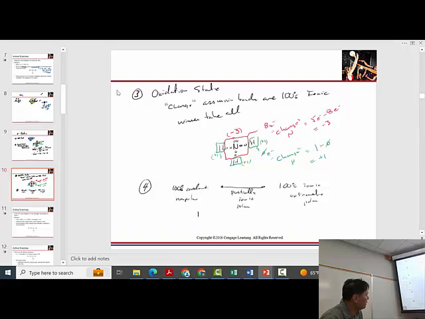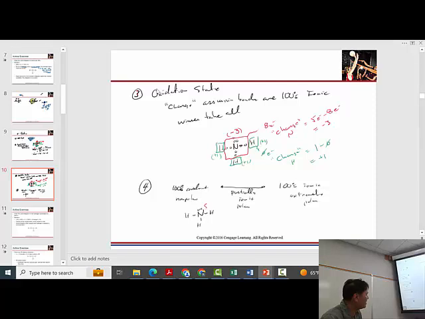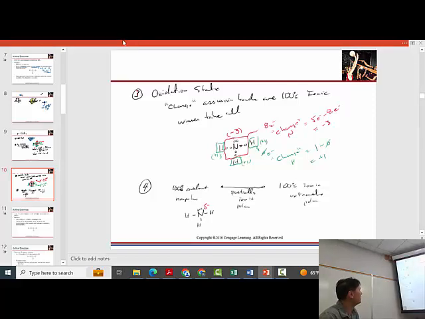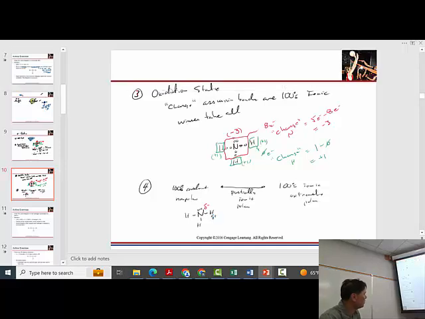And so what we do here is it's not a full minus 3 on the nitrogen, and it's not a full plus 1 on the hydrogen. And so what we use is these symbols, delta minus on the nitrogen and delta plus on the hydrogen.